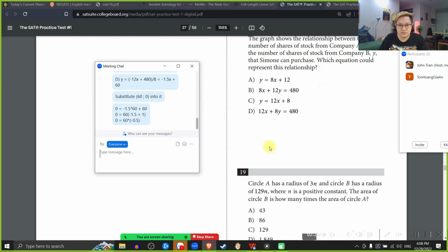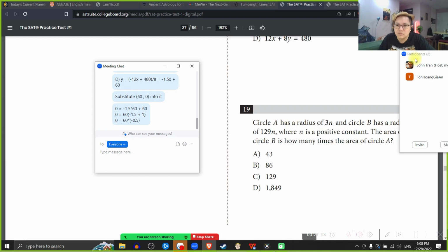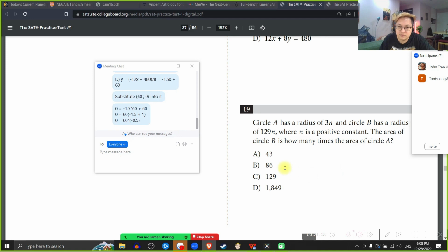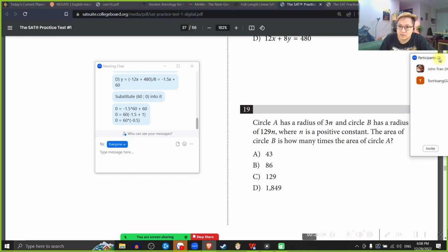Okay, now let's do 19. Read it. Circle A has a radius of 3n, and circle B has a radius of 129n, where n is a positive constant.